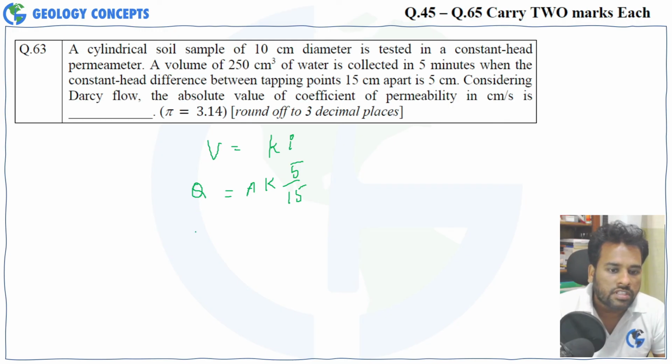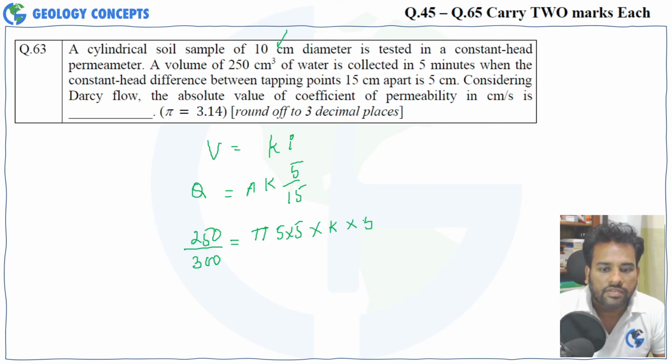So Q is 250 cc divided by 5 into 60, which is 300 seconds. This is equal to pi r square, r here is 5 cm, diameter is 10, so it is 5 into 5 into K into 5 by 15.